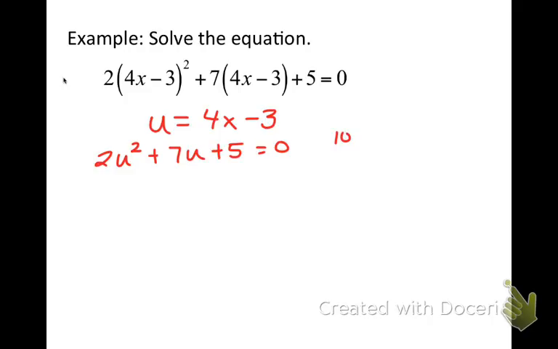Are there factors of 10 that add up to 7? Yeah, 2 and 5. My leading coefficient is 2. Let's put them both over 2. 2 over 2 reduces to 1. So we end up with a u plus 1 and a 2u plus 5 equals 0.